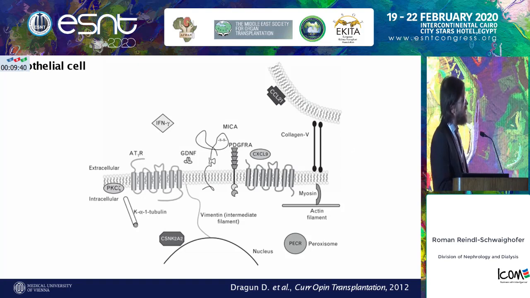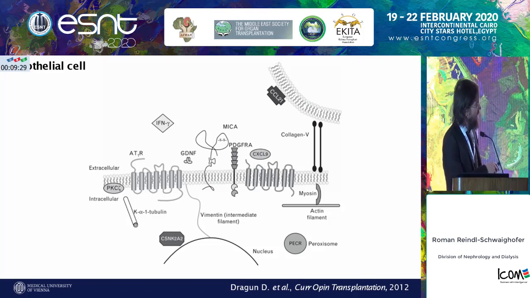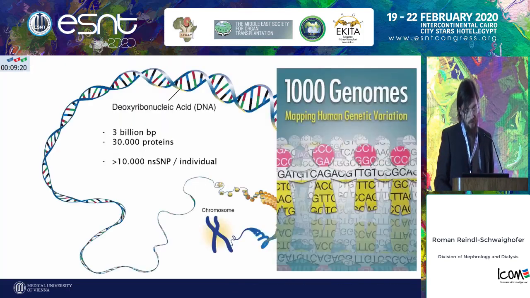And this is again the concept of the endothelial cell surface, the endothelial cell antibodies that include all the before mentioned antibodies. I won't cover this in more detail, but the cell surface contains multiple proteins that might serve as potential antigenic structures in the alloimmune response.